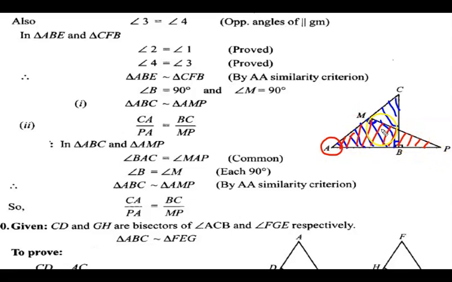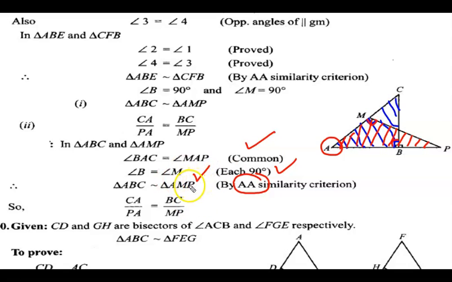So this is common in both the triangles. So we can say that since this angle is common, simply write angle BAC is equal to angle MAP. And second thing, second criteria, this is 90 degree, this is 90 degree. So again, they are right angles. So we meet this criteria of AA similarity. So hence these two triangles are similar.